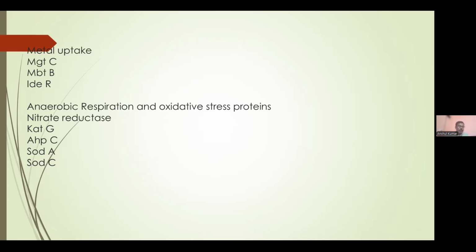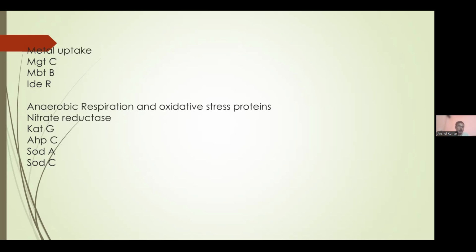Then comes the anaerobic respiration and oxidative stress proteins. This is one of the most important groups of proteins, which helps in its survival during oxidative stress conditions, and we have already mentioned them in our previous slides.